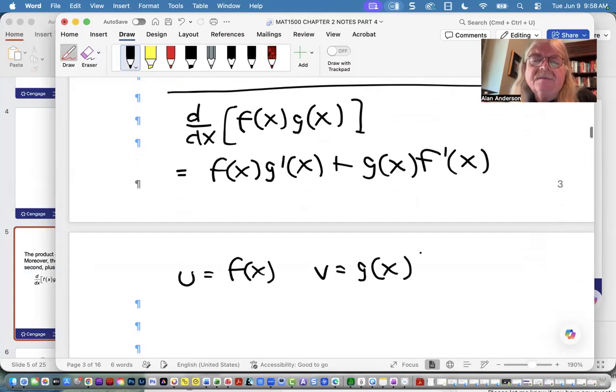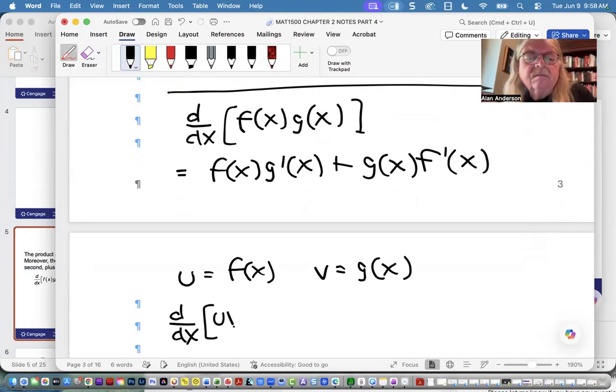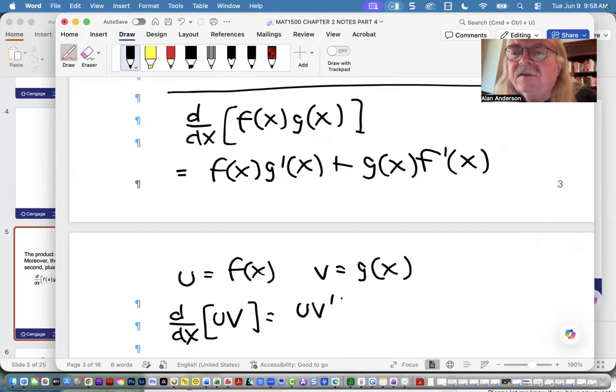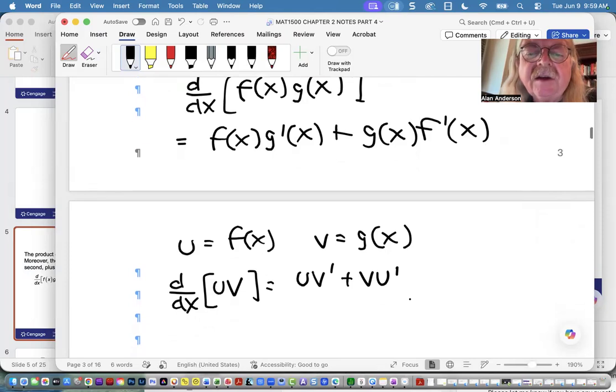If you see that, it just means you're going to write it like this, where v prime. Sometimes you see u written as u of x, v is sometimes written as g of x. It's the same thing. Okay. So just be careful with it.